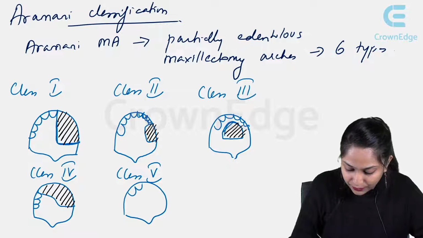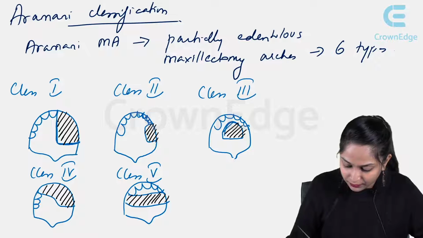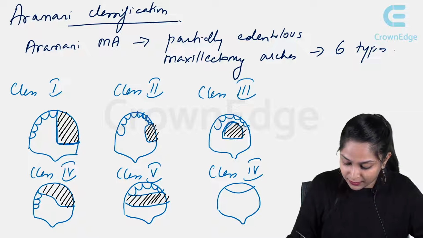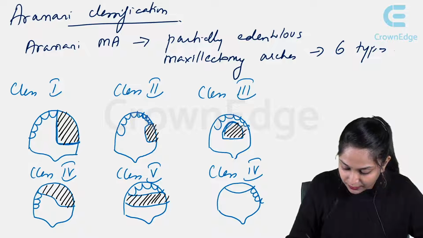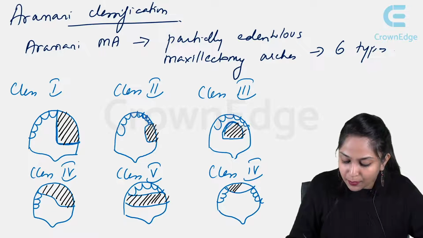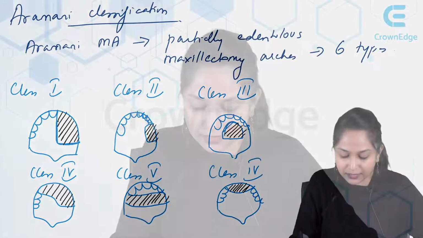Class 5 is when the defect is posterior to the anterior teeth. And class 6 is when the defect is anterior to the abutment teeth. Now, class 6 usually happens in congenital and traumatic cases.